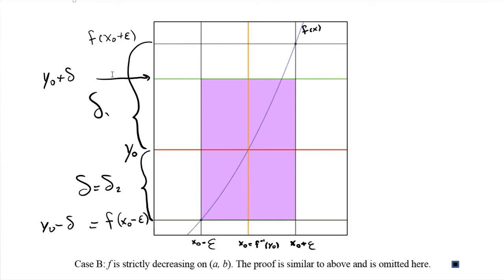But remember, one way to look at the inverse function is to look at exactly the same graph, but now think of the y values as your inputs and the x values down here as your outputs. That's one way to think of the inverse function. So since we're switching the role of input and output, your deltas are going to be over here on the y part, and your epsilons are going to be down here on the x part, which is backwards from our normal way of doing it, because we're looking at the inverse, which is the backwards function.